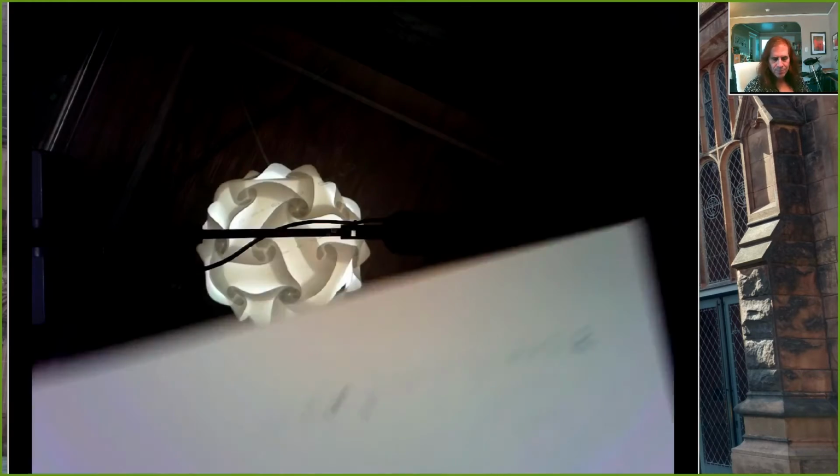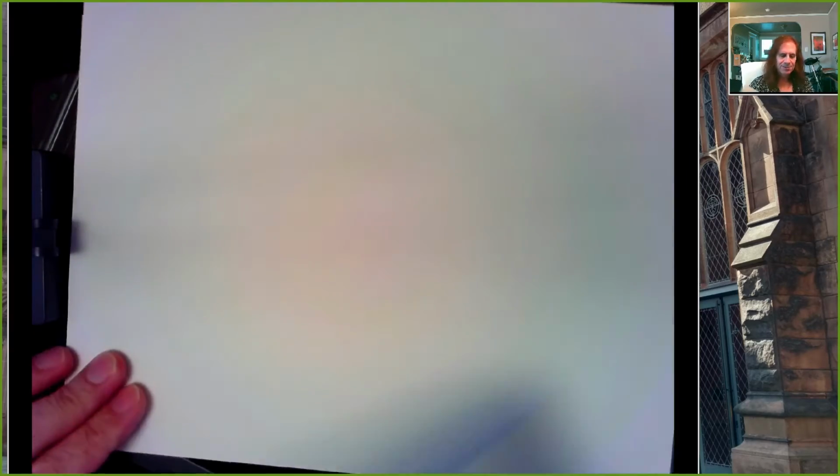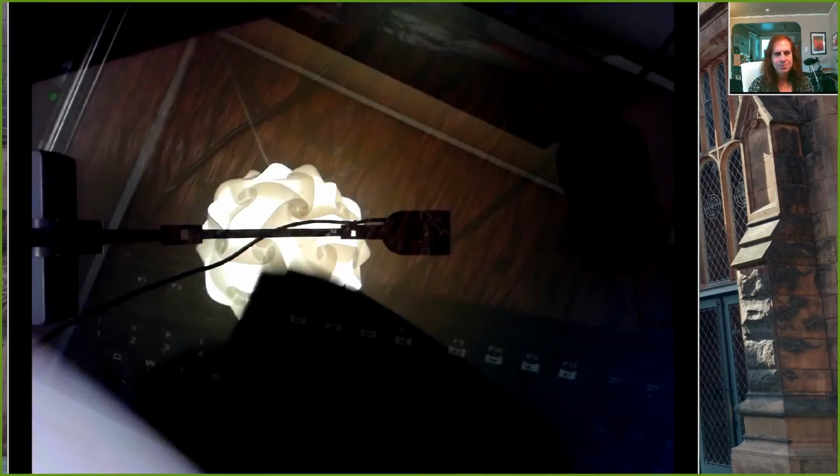So I want to talk about fallacies. This is sort of the last conceptual piece of this part of the course. And then I want to go through some sample proofs from section 3.5. And then I want to talk about indirect proofs, go through a sample problem of that, and then go through some more general proof type questions, ones that start off as kind of word problems.